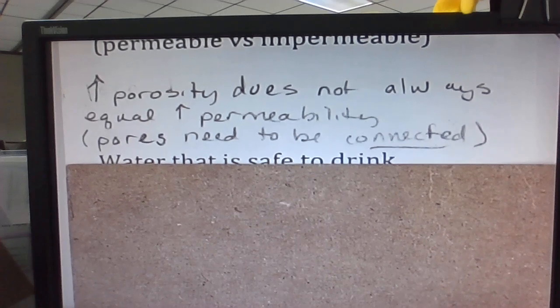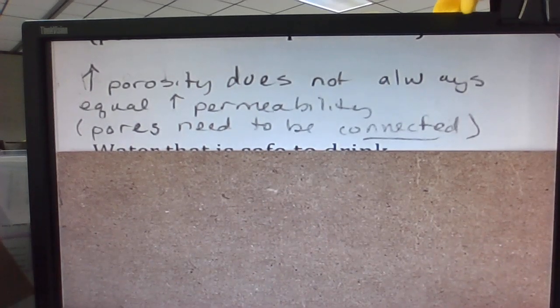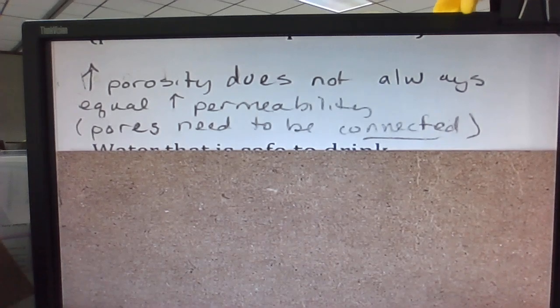So my arrow up means increased. So increased porosity does not always equal increased permeability. Just because a rock sample has more holes in it doesn't mean that the water, air, tree roots can move through.